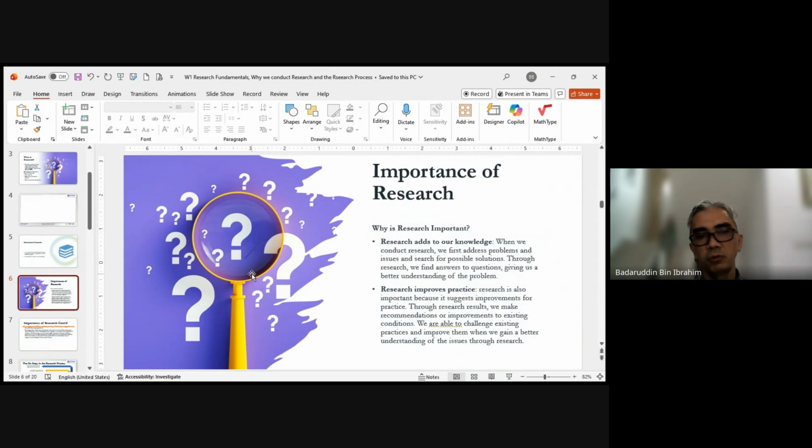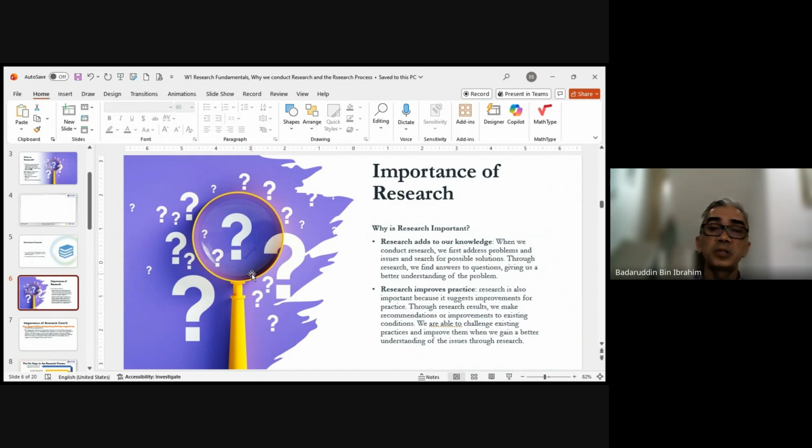One of the things that I really encourage novice researchers, especially master's or PhD students, is that you must have passion in your topic. Most of you have already been assigned your supervisor.